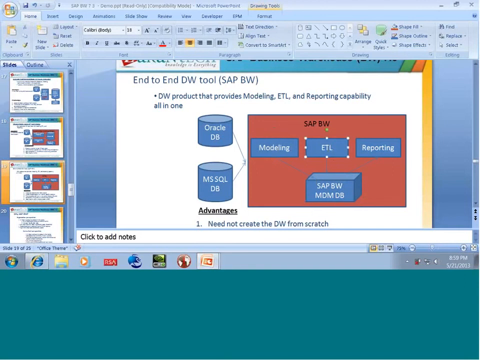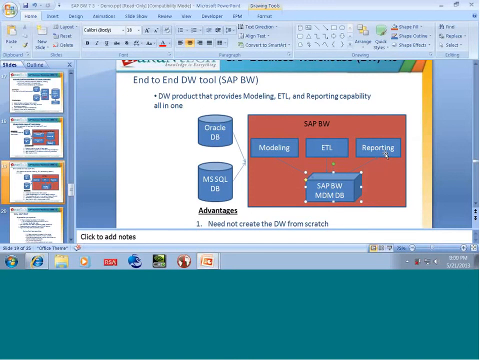Once I do that, I have my ETL functionality within SAP BW, which can bring in data from all the sources that are available, do the transformation, and load the data into the BW system. Once the data is residing in SAP BW, I have a whole suite of reporting applications available in SAP BW that can be leveraged to provide intelligent or analytical reporting.